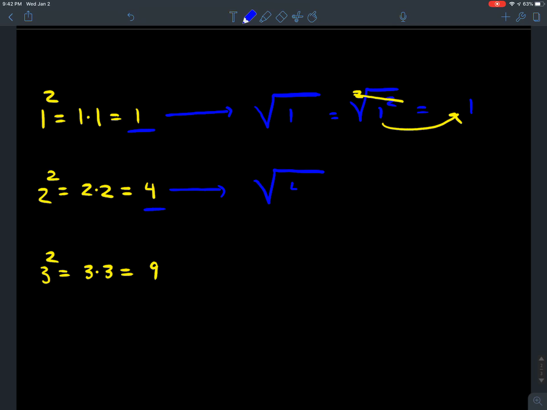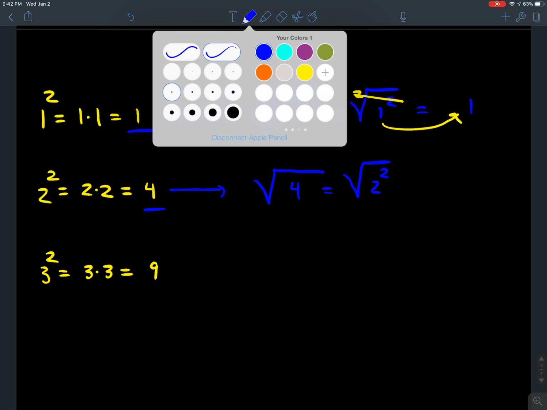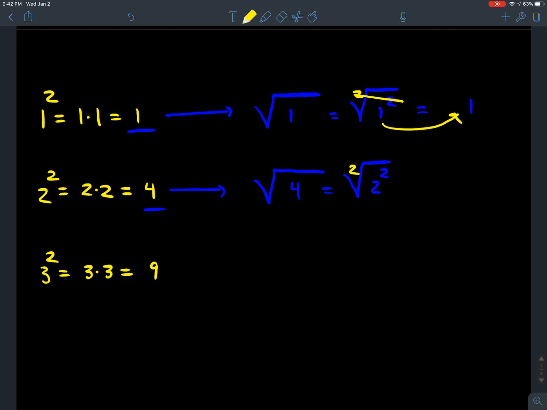We put the 4 in here. Another way of writing it is like this. 2 squared. There's an invisible 2 inside. These cancel out. And what happens? That equals 2.